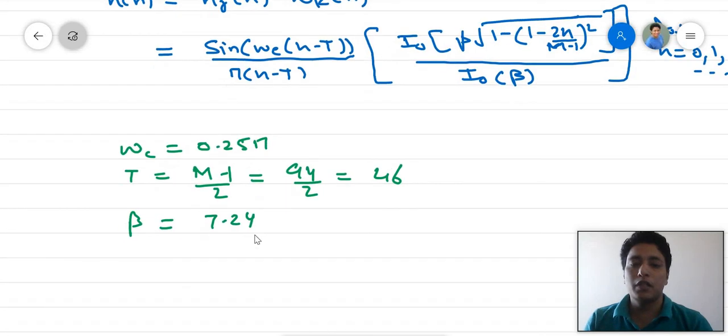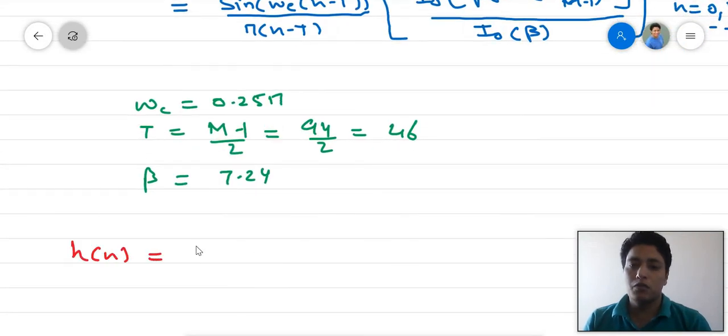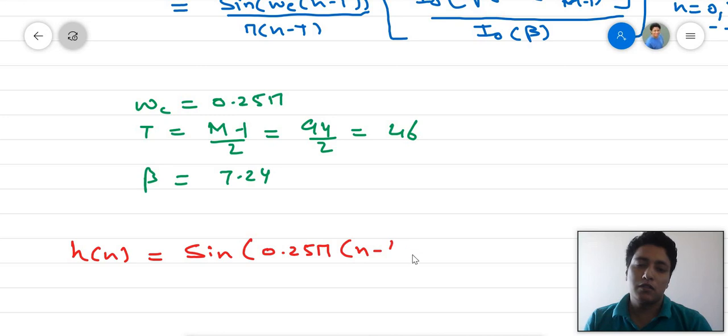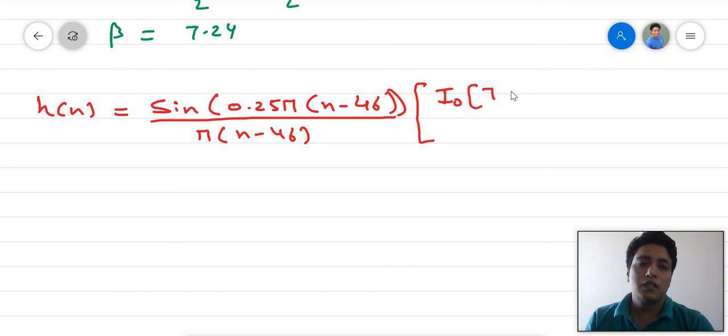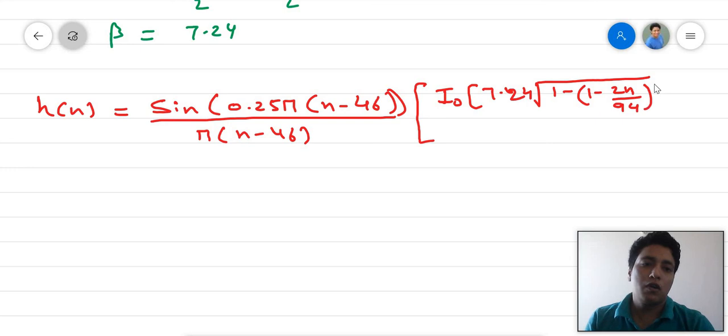Now substituting these values will give h[n] equals sine(0.25 pi (n minus 46)) over pi (n minus 46) into modified Bessel function of zero order I naught of 7.24 under root 1 minus (2n by 94) whole square, over I naught 7.24.